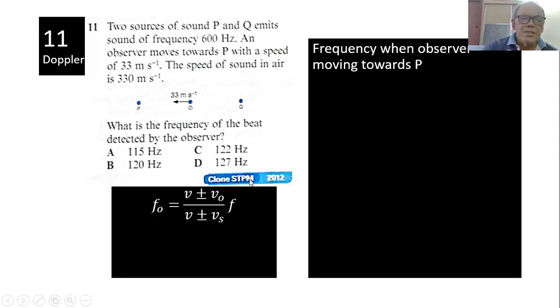Remember, the sound source is not moving, the observer is moving. For P, the two are moving towards each other, the sound source and the observer, so you take a positive.